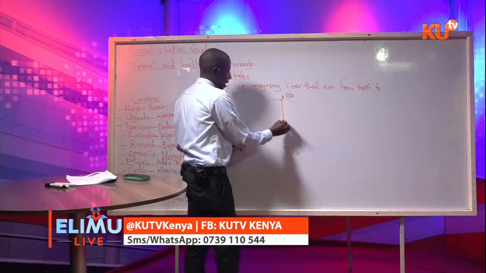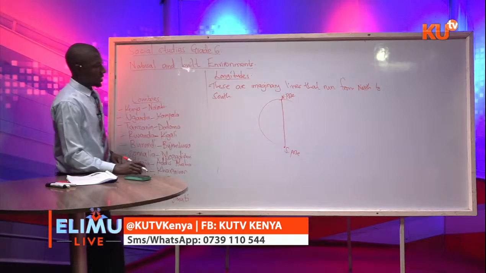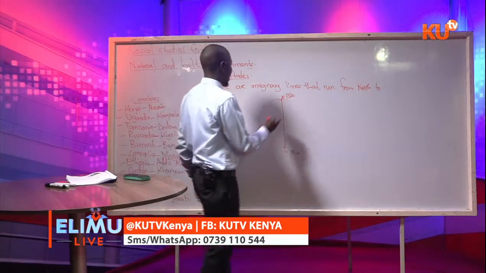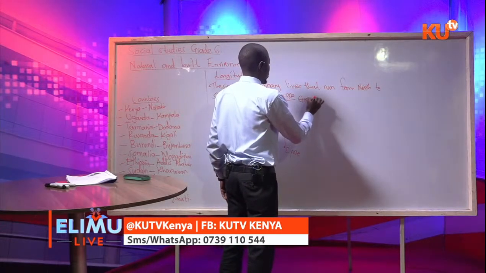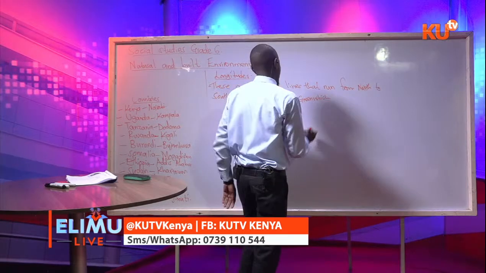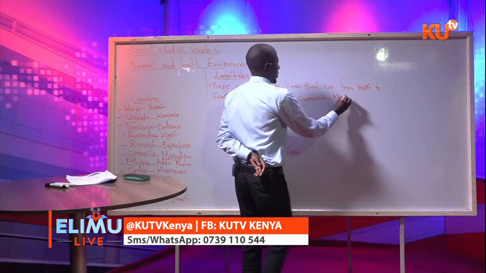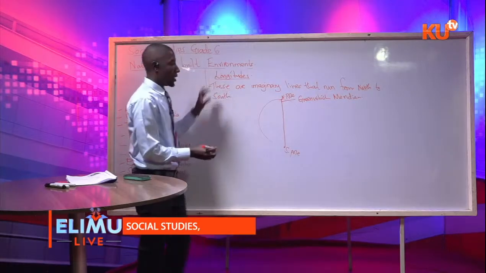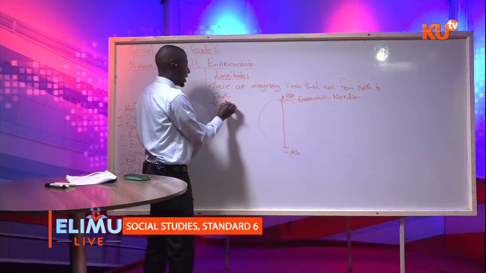And we have the main line of longitude, which is at the center there. That main line of longitude is called the Greenwich Meridian. Actually, another name for longitudes is meridians. Longitudes can also be called meridians.